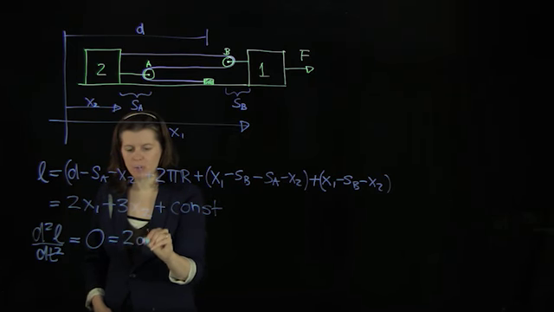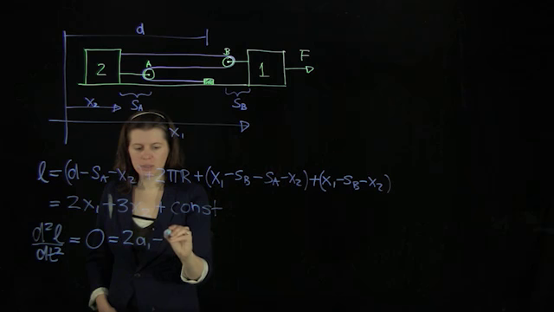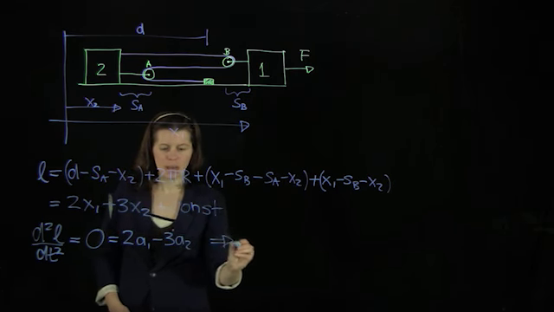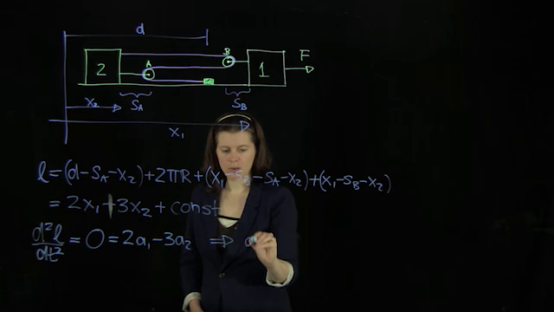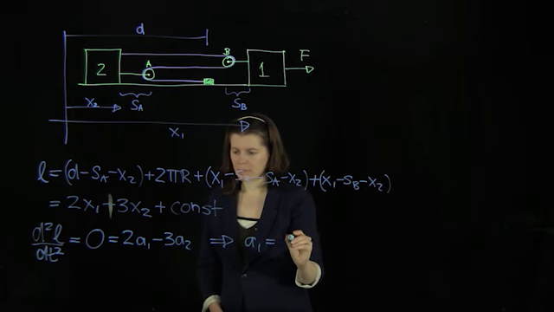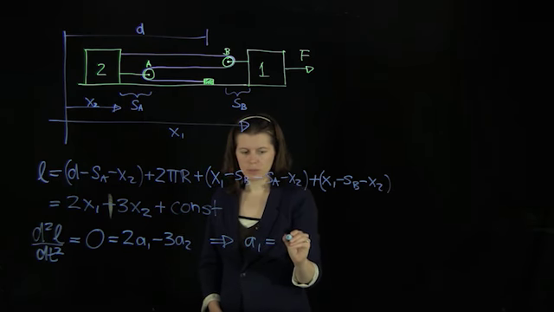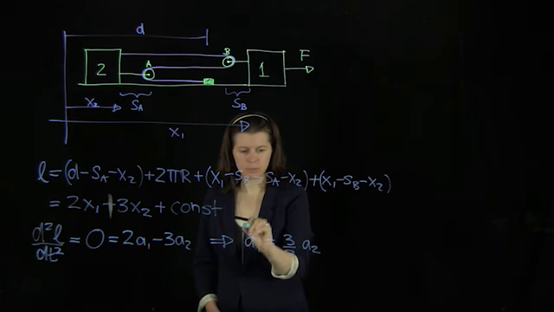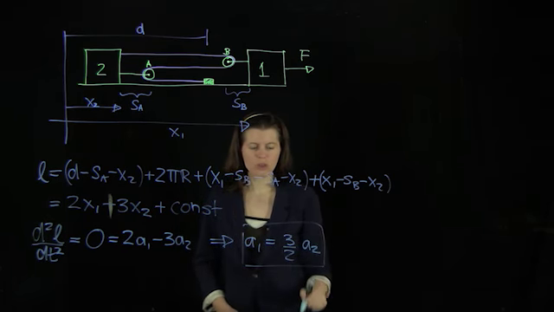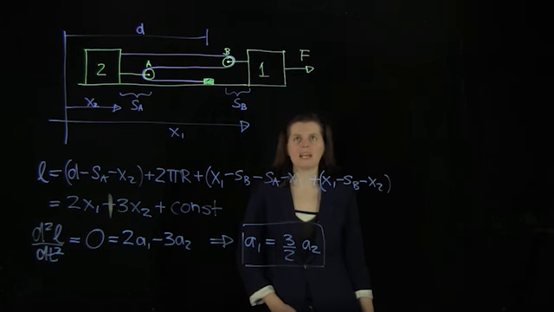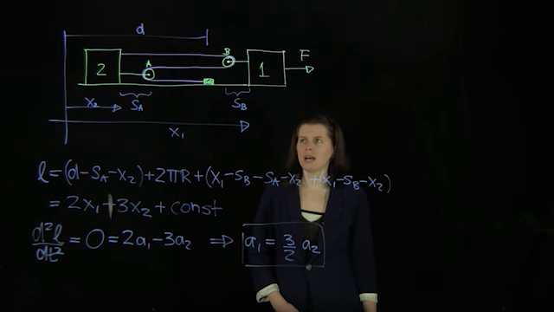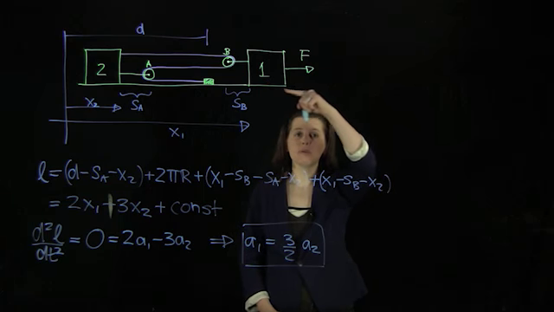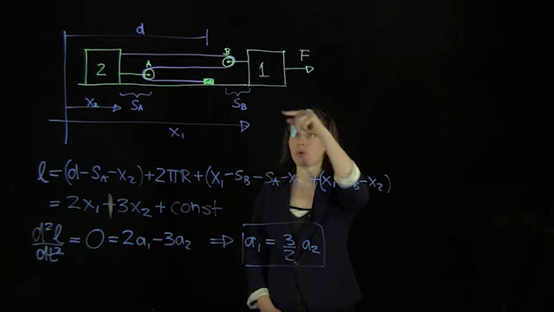So 2a1 minus 3a2. And we immediately see from that that a1 equals 3/2 a2. So this is our constraint condition that we will need later. For now, we need to continue with setting up free body diagrams of all 4 objects.